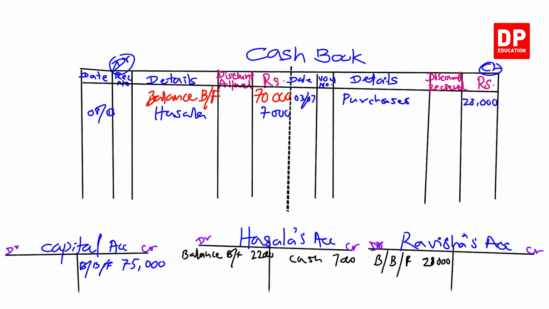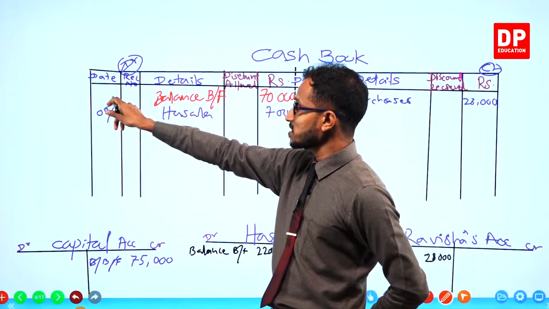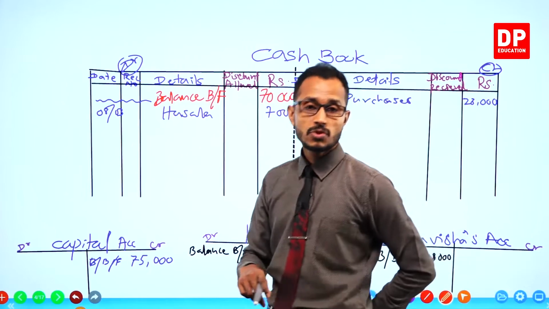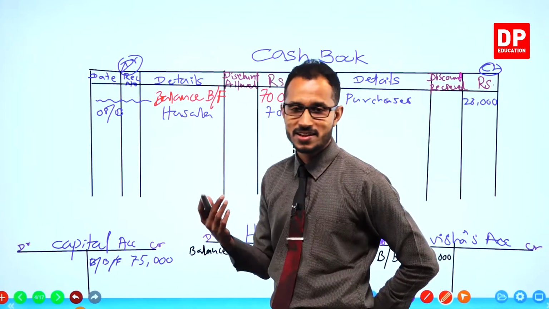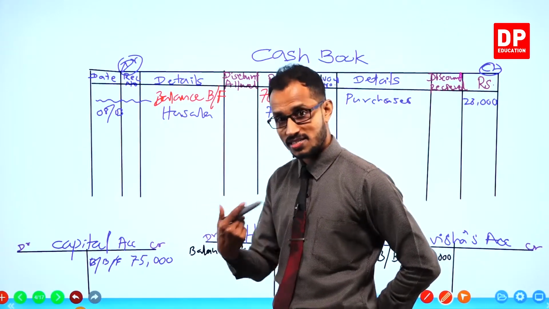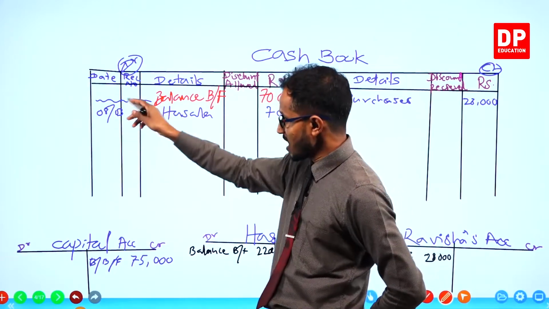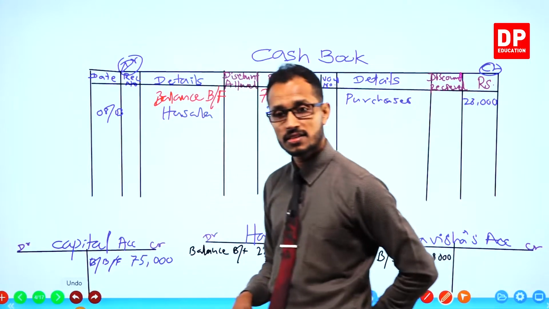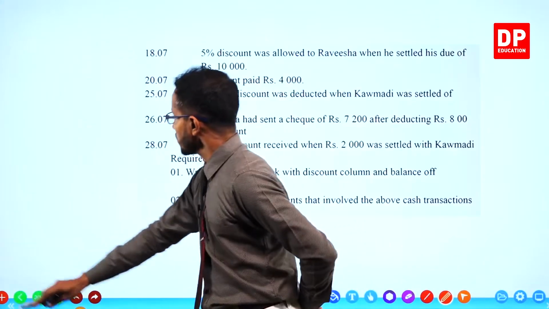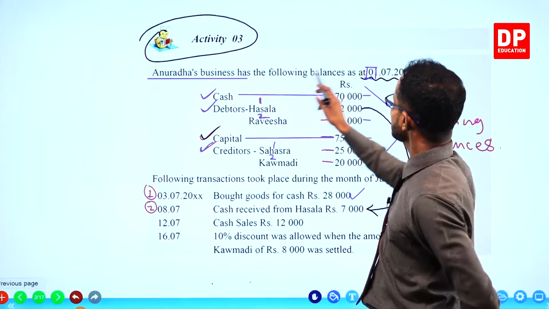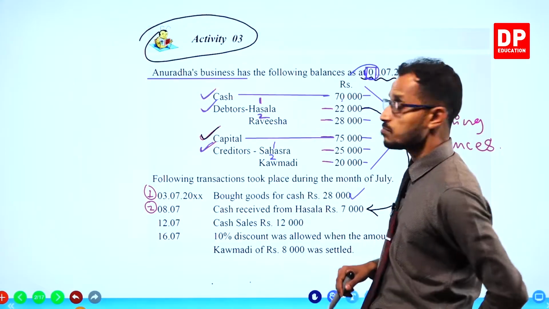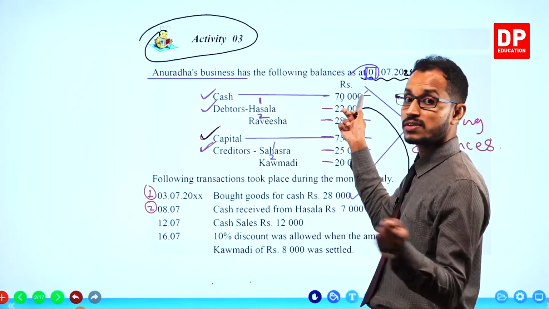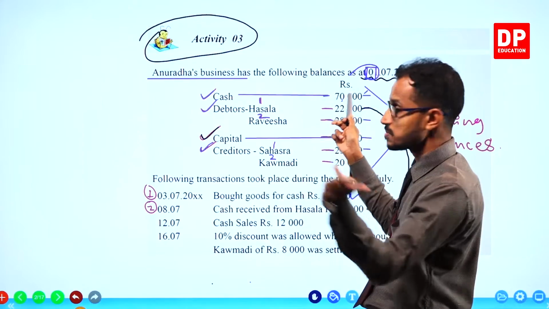Oh, talking about the dates, I have forgotten to mention the date of the balance brought forward. I myself have not mentioned the date. Bad. That's bad. What is the date of the opening balances? First, I have marked the opening date here, but I have not written it in the accounts, right?